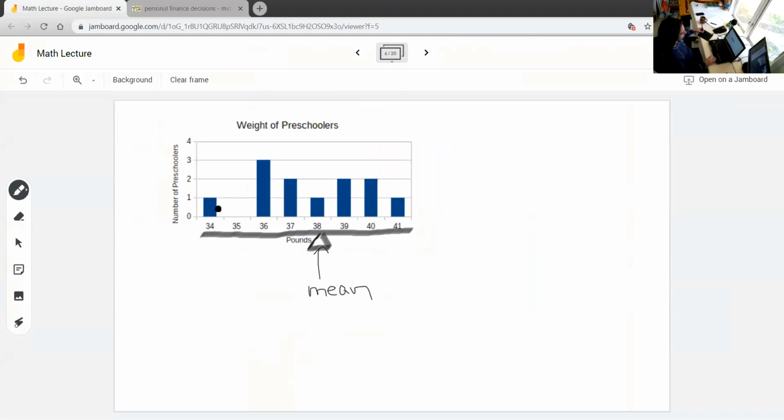This one over here is sort of counteracted by the fact that there's others a little closer over here and so on. Our eyeballs are pretty good at looking at this kind of histogram and saying, okay, the mean is in the middle. The mean is the balance point.